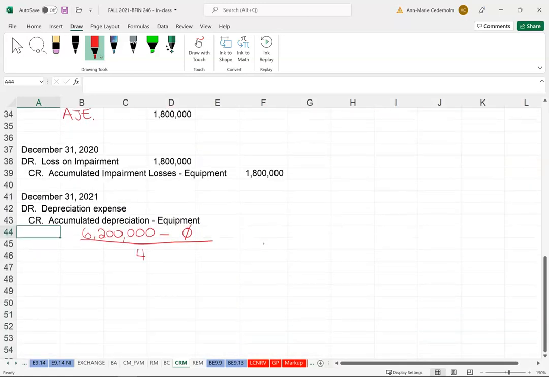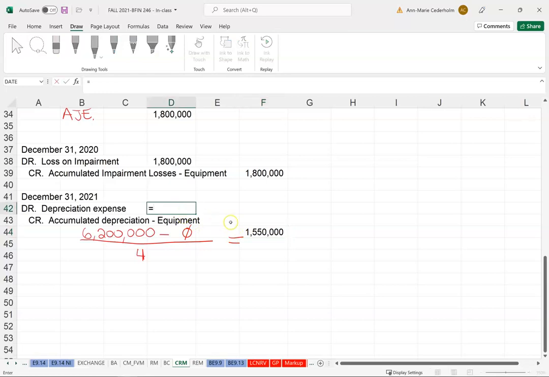When we do a revision, it's not a change in accounting policy, it's just a change in estimate, and we deal with those prospectively. So 6.2 million divided by 4 gives me 1,550,000 that I'll record in depreciation.